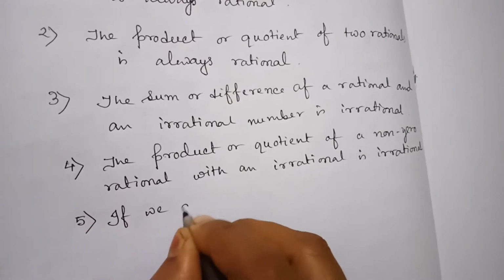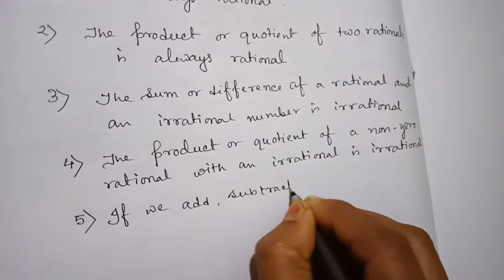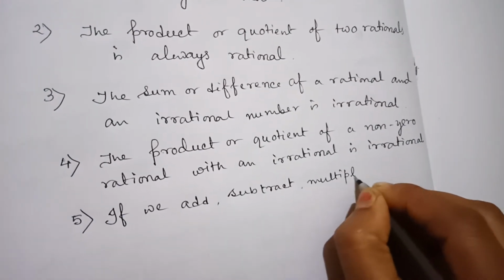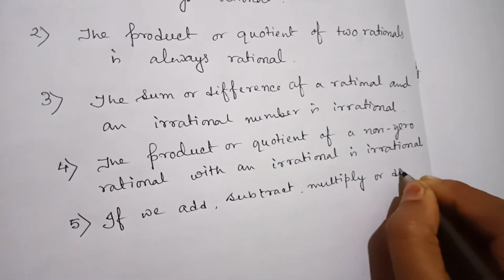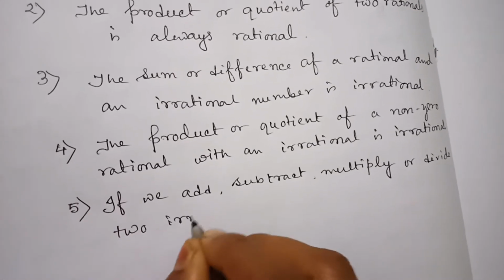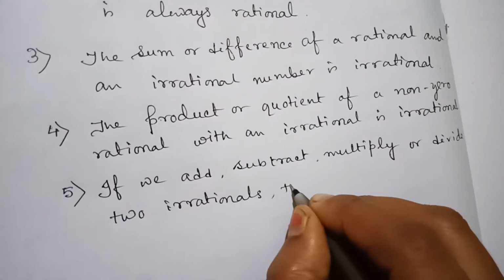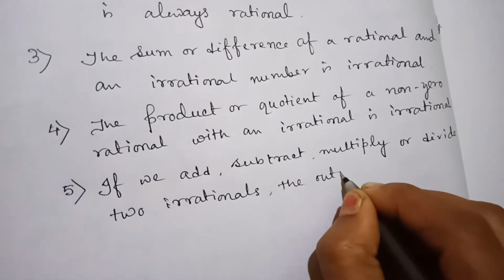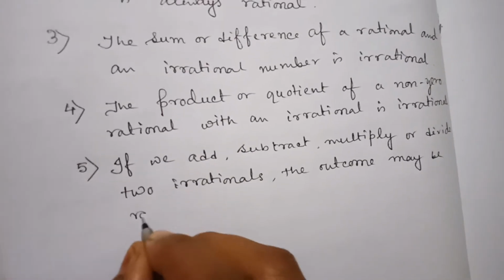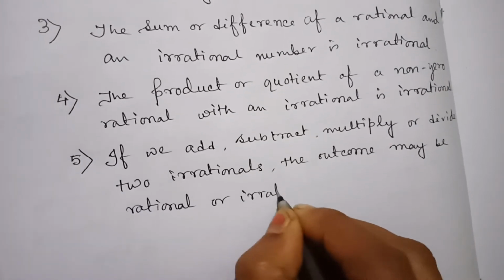Number 5, if we add, subtract, multiply or divide two irrationals, the outcome may be rational or irrational.